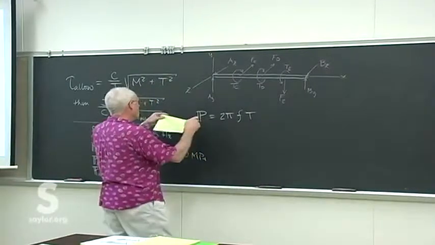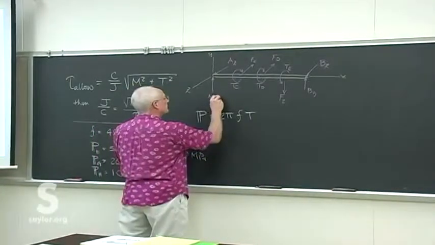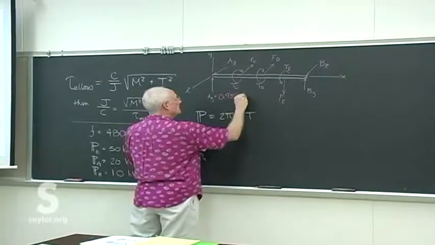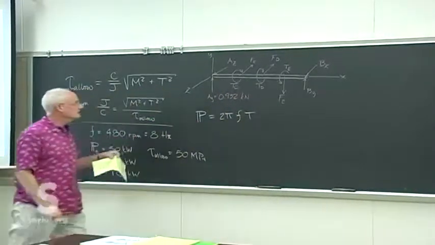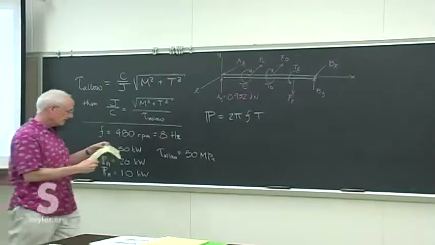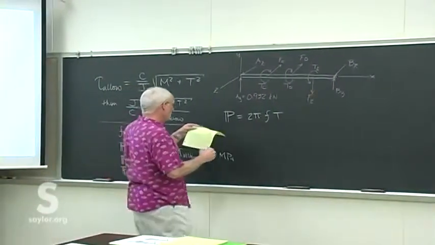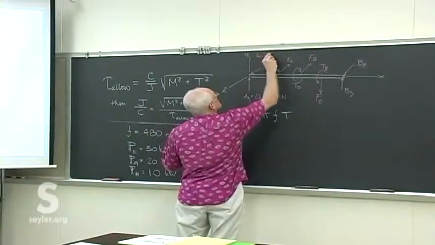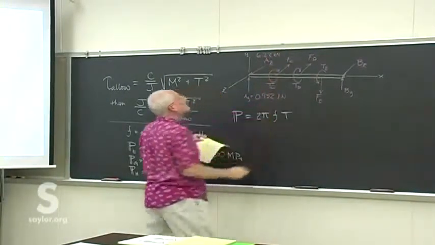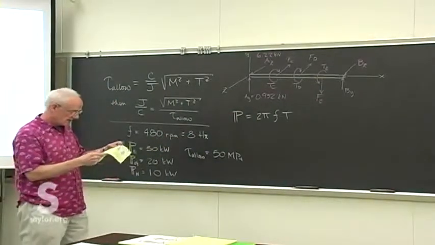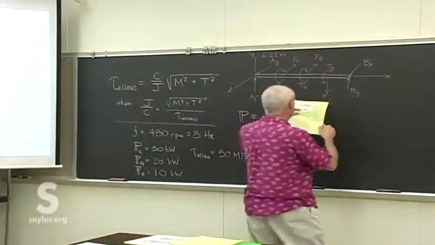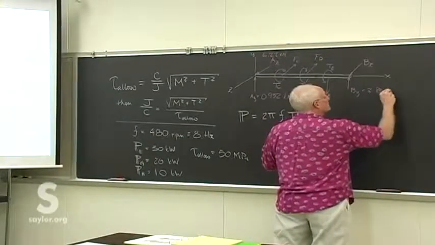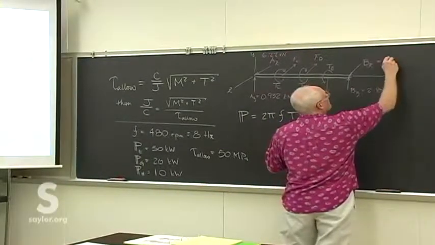AY is 0.932 kilonewtons. AZ is 6.22. And both of these are 2.8 kilonewtons on the other end.